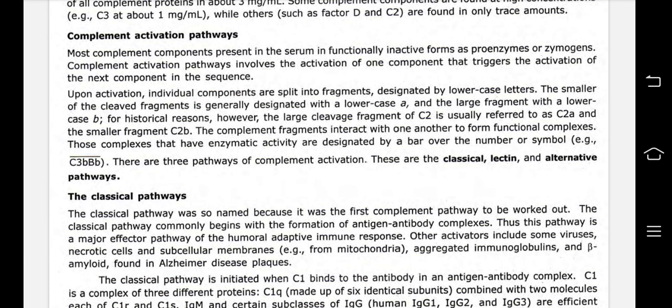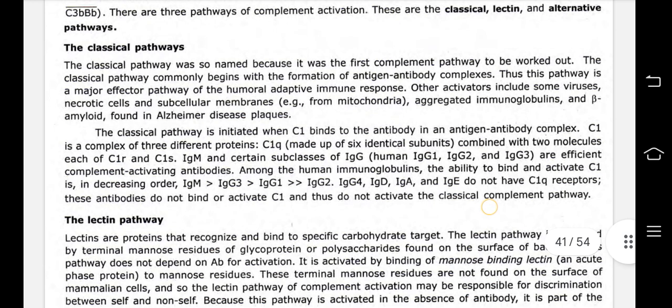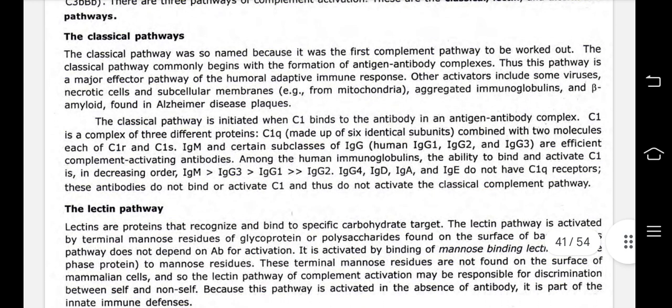Other activators include some viruses, necrotic cells, and subcellular membranes from mitochondria, aggregated immunoglobulins, and beta amyloid found in Alzheimer's disease plaques.